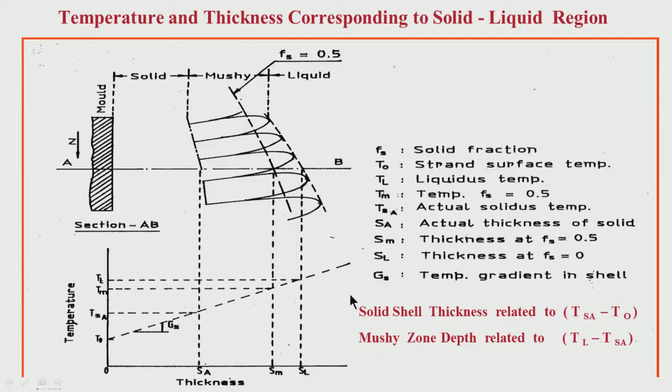So, if the solid shell is relatively thin and the mushy zone is relatively more, the strength of the shell also will be relatively less. We will be discussing this later on, but what is important to know is that because of the suppression of the actual solidus owing to segregation, the depth of mushy zone increases and the thickness of solid shell decreases. This is important to remember.